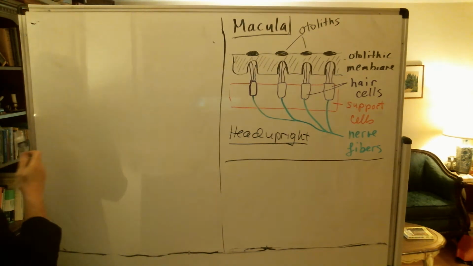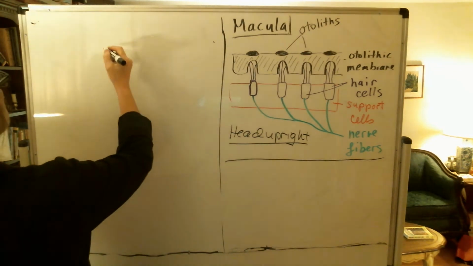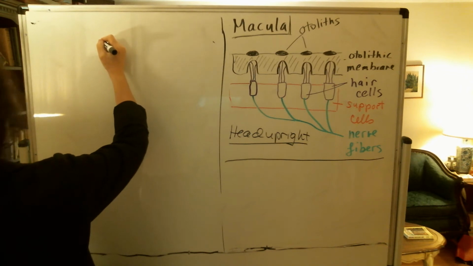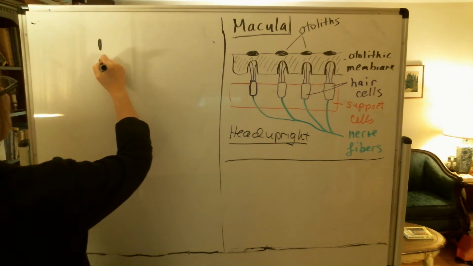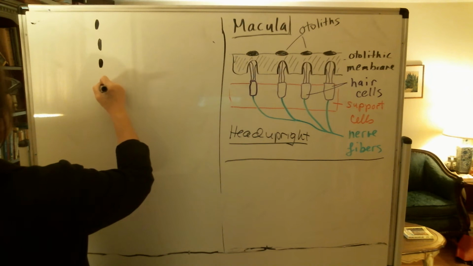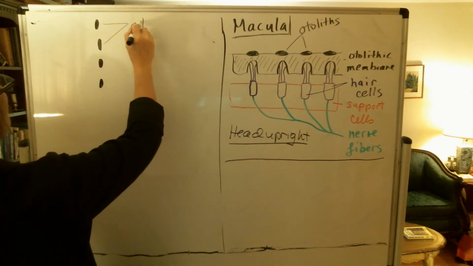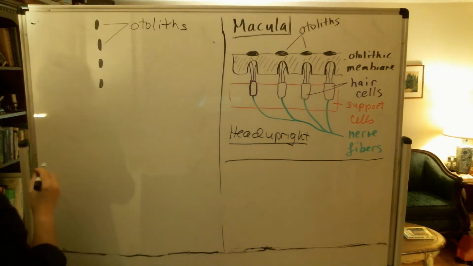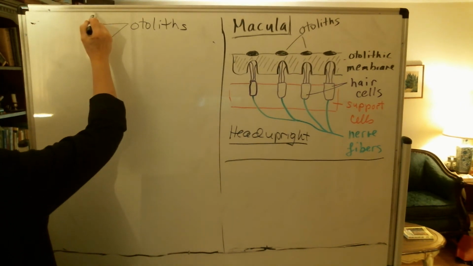So now, when you have your head sideways, let's do this. Here we have our otoliths again. Remember, when you see the word lith, it has to do with rocks.